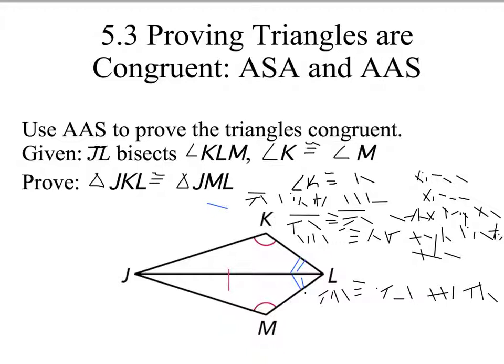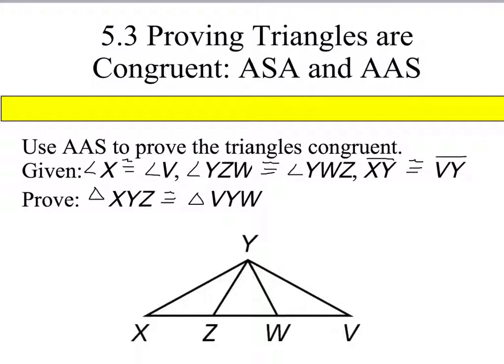Let's try one by yourself. Try this problem based on the information that you know. Expand your mind one more time, and try to get the information to fit in with a two-column proof. See what you come up with. We start off with the given information.